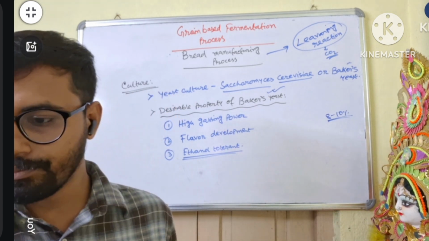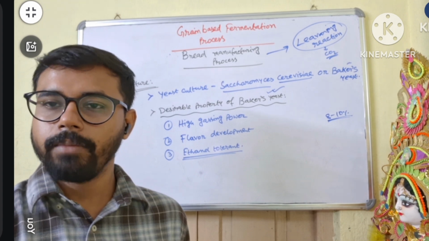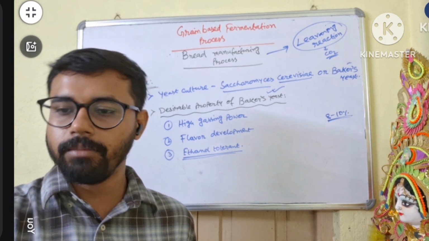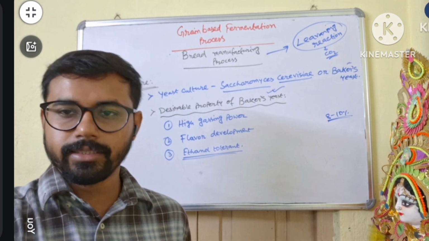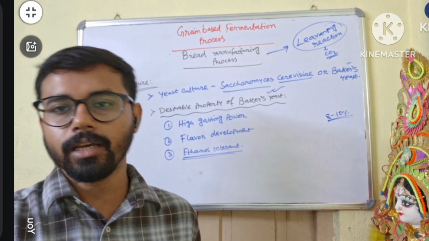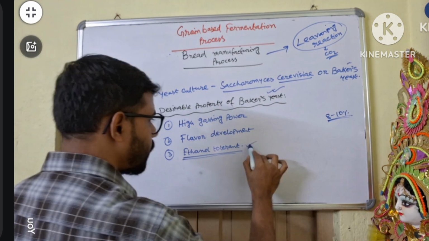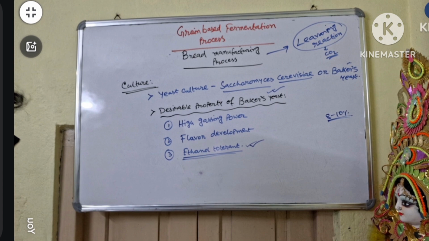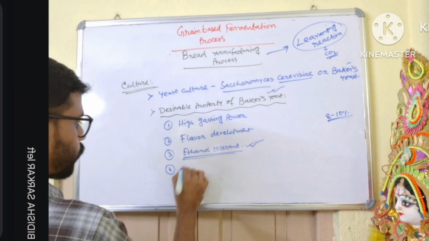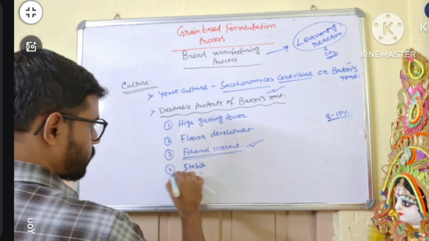That is desirable. Ethanol also evaporates during the baking time, but during the fermentation time, the ethanol level spikes to more than 10%. At that time, if the yeast dies, then the total leavening reaction is gone. So the third property is ethanol tolerance. Number four, it should be stable during the fermentation process or storage process.